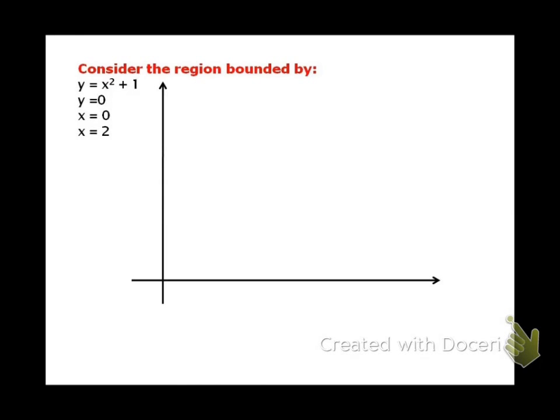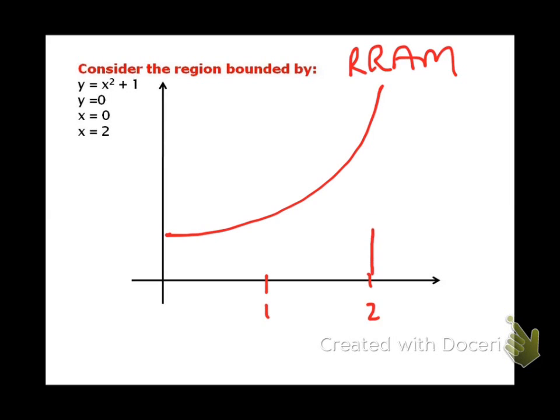But let's redo this problem again here, and let's look at this equation if we were to look at it doing the right side, or RRAM, against 4 subdivisions. So here's y equals x squared plus 1, here's 1, here's 2, I'm going to go vertical line here, vertical line at 0, and we still have the y equals 0 equation that bounds us.